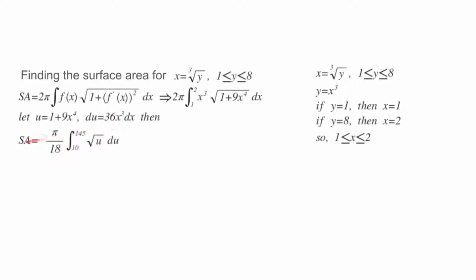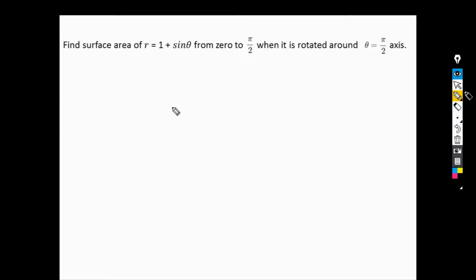Then the surface area equals pi over 18 integral 10 to 145 of the square root of u du. And next you guys can solve it. The answer is negative 10 over 3 times 2 square root of 10 minus 29 square root of 145.